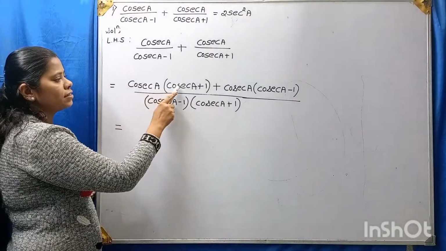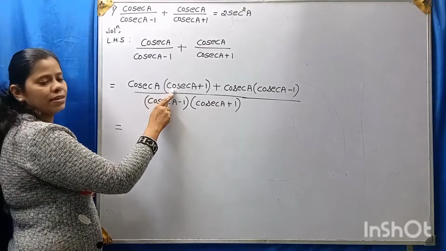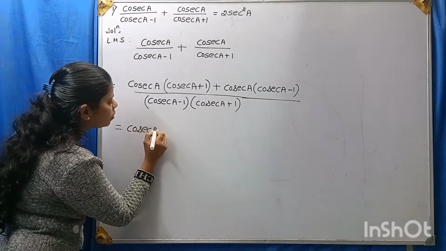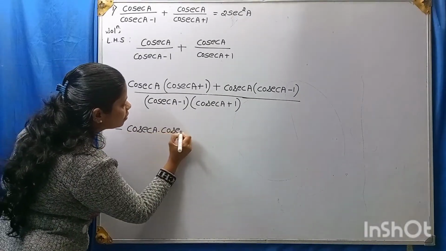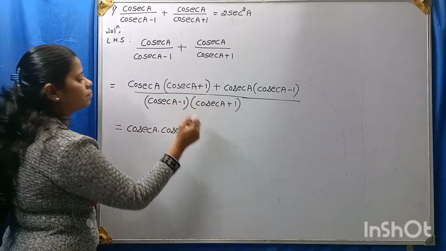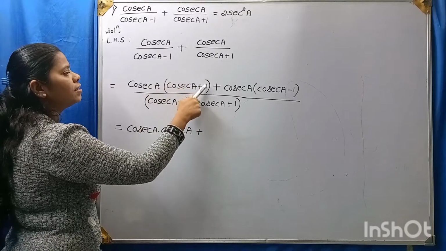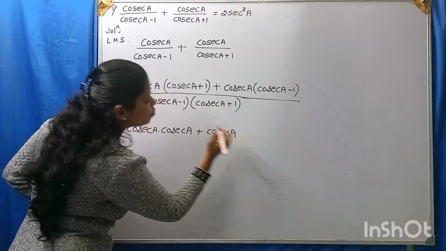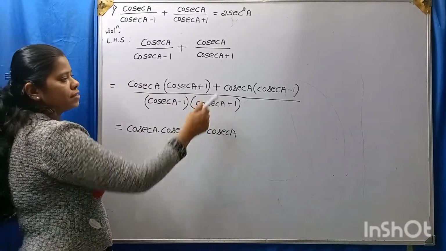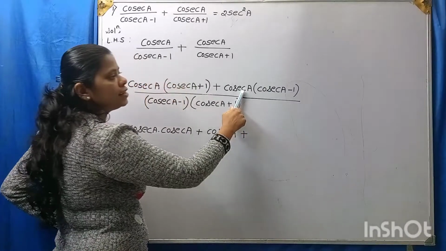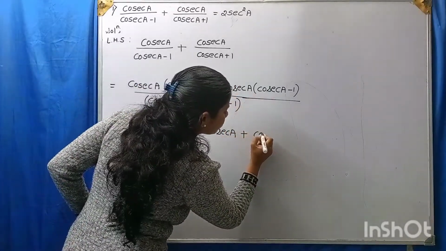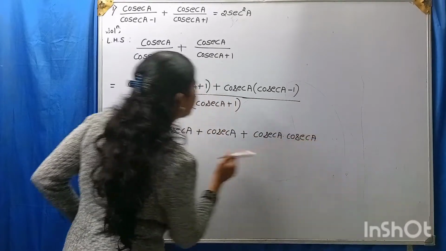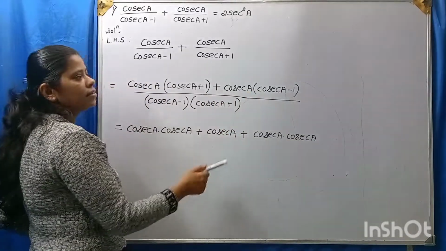now let's multiply this. Cosecant A into cosecant A will become cosecant square A. Cosecant A into 1 will become cosecant A, plus cosecant A into cosecant A, cosecant square A. Plus into minus is minus.